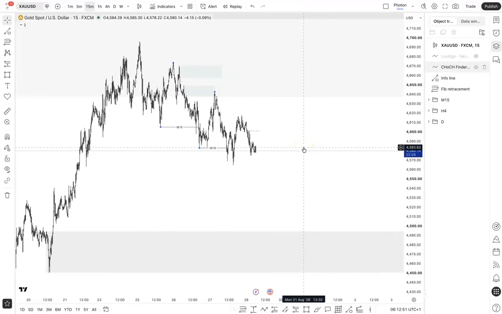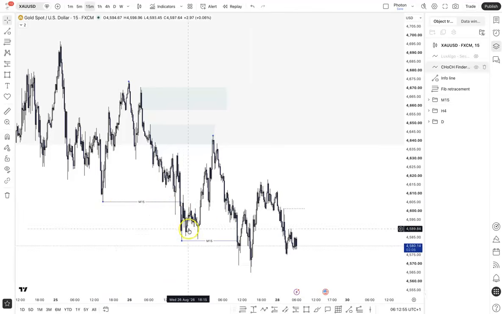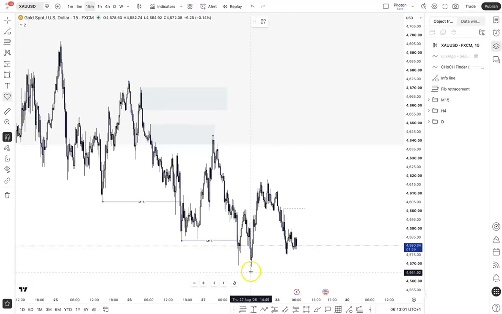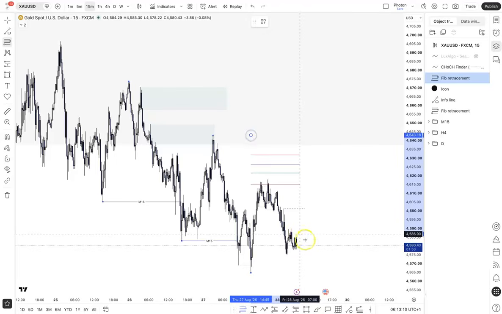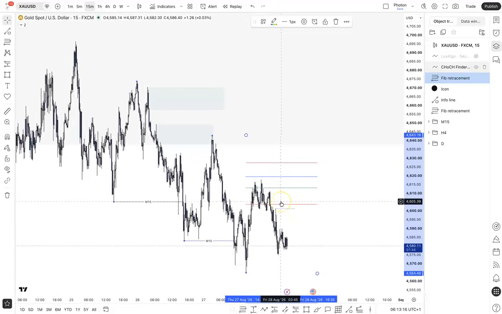But if you want to play really aggressively, just going purely by the fact that this is how we are, and probably this is a lower low that is forming over here, and probably this is the higher high. If we run the fib tool and see where we are, we can see that we've already crossed the 50%. So yes, definitely looking for shorts over here.